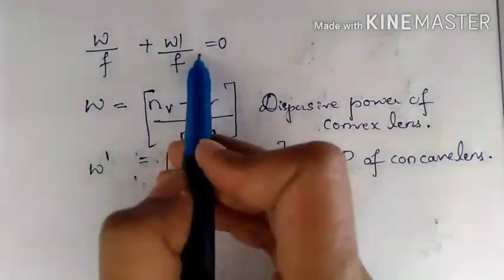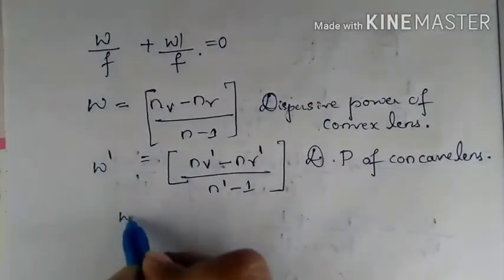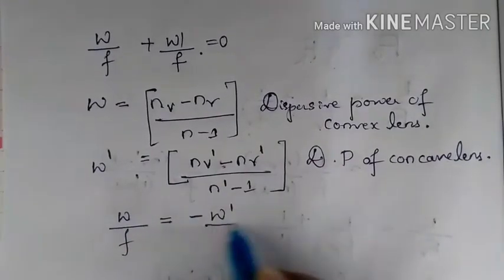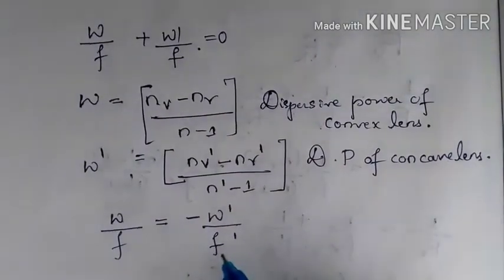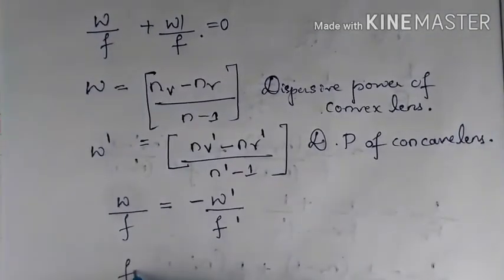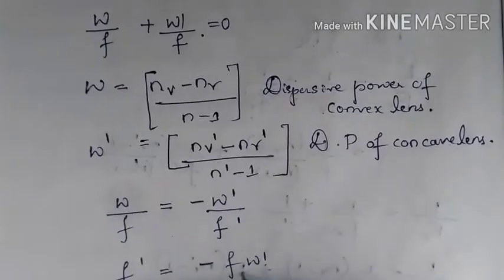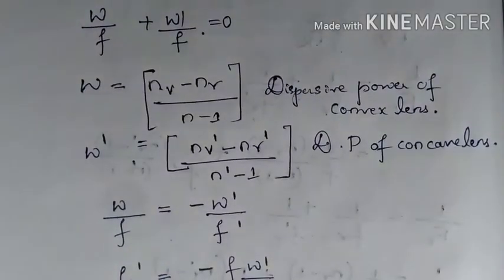So now from this equation you can write omega by F will be equal to minus omega prime by F prime, and F prime will be equal to minus F omega prime divided by omega.